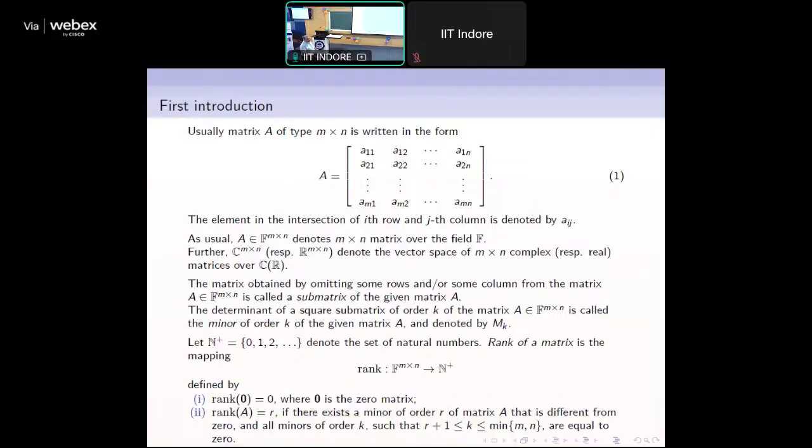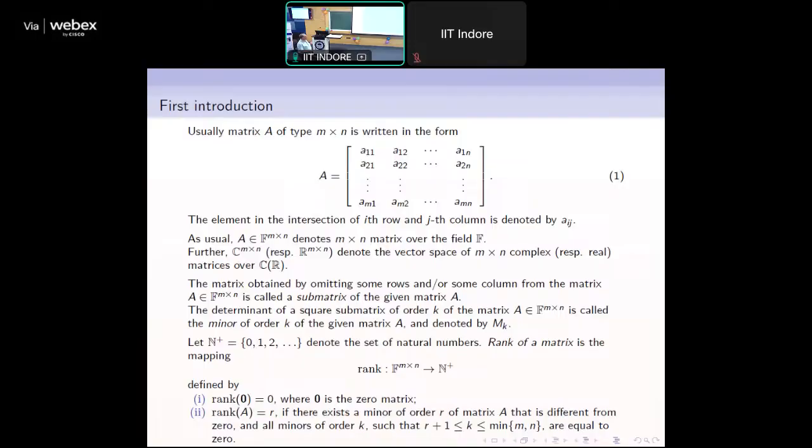Also, there is the very important notion of matrix rank. Matrix rank is a function with the domain given by m times n matrices over a field F and codomain given by the set of natural numbers. And the matrix rank is defined by the following properties, 1 and 2. Property 1 says that the rank of the zero matrix is 0.